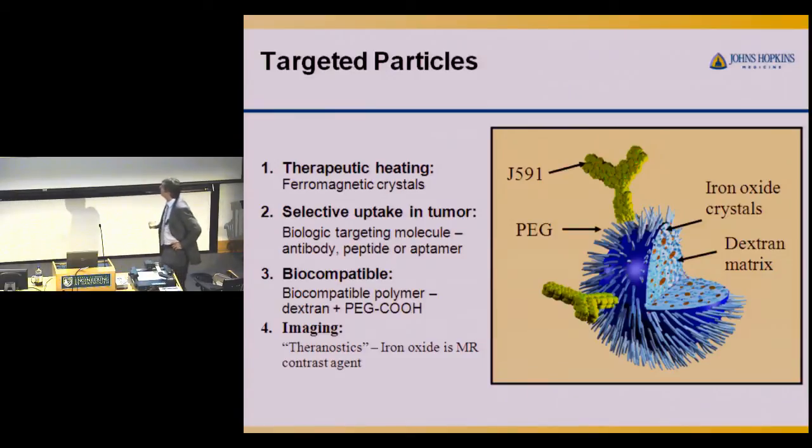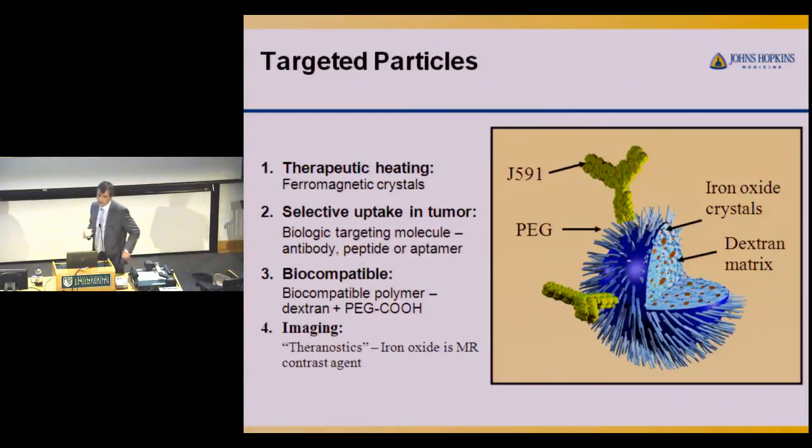But the basic idea here is that we have iron oxide core or crystals that generate our therapeutic heating. And in this case, this cartoon is an iron oxide dextran matrix particle, SPEO particle, commercially available, because this is what we use for some of the data that I'm going to talk about, and that are already published.